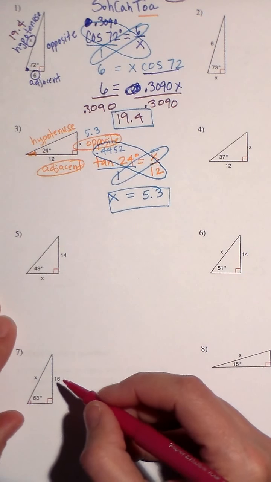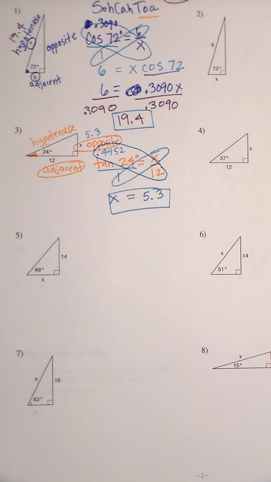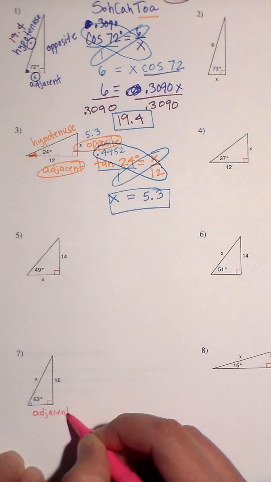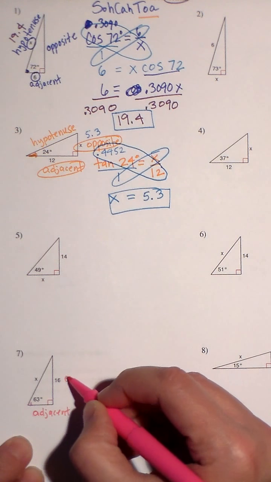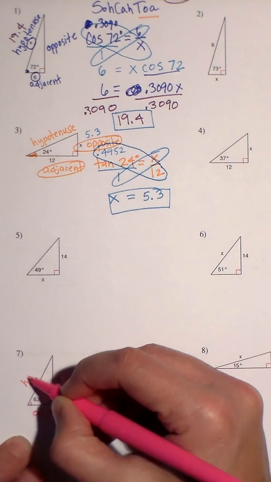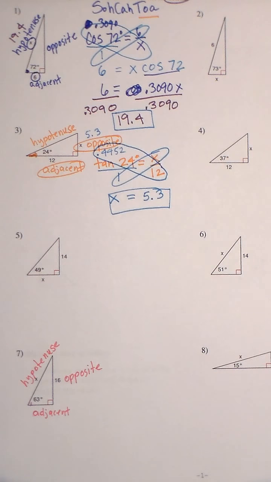So what that means is now this is adjacent. This is opposite, and this is always the hypotenuse, of course. So you have to look at what you're given to decide which function.